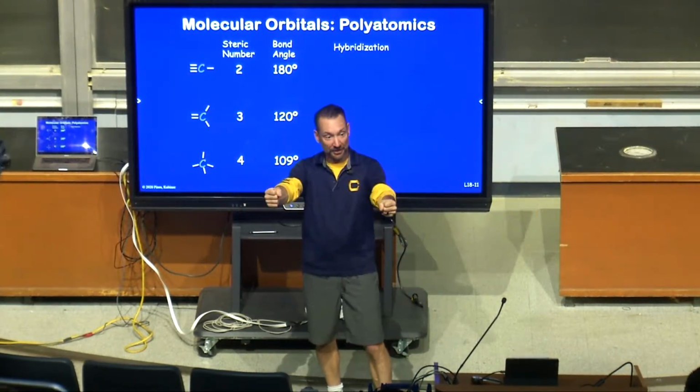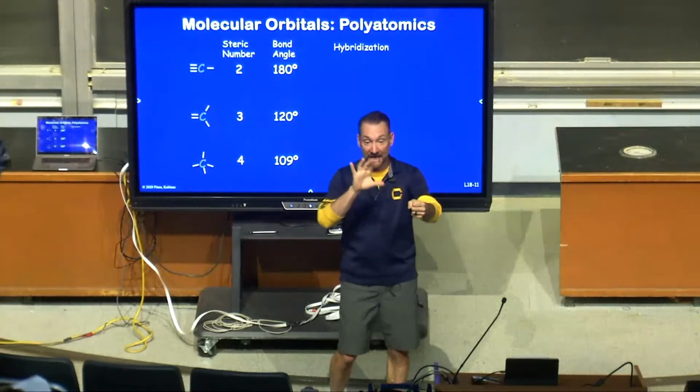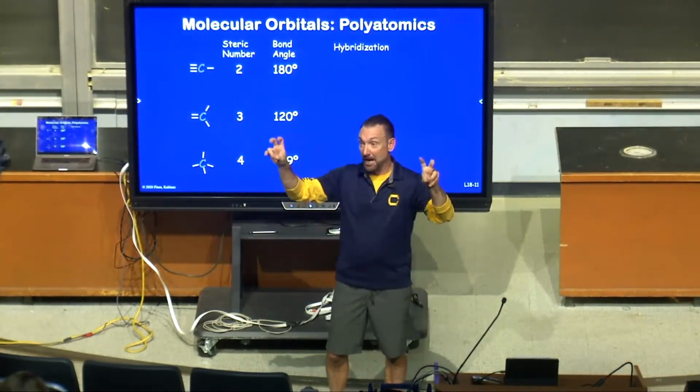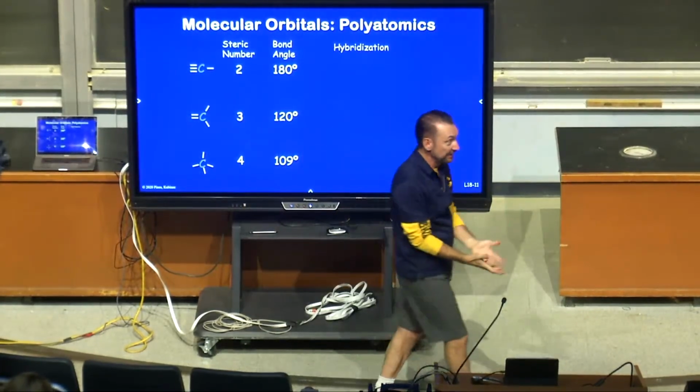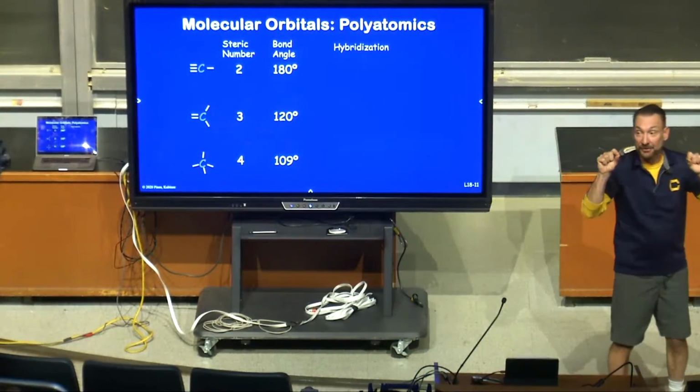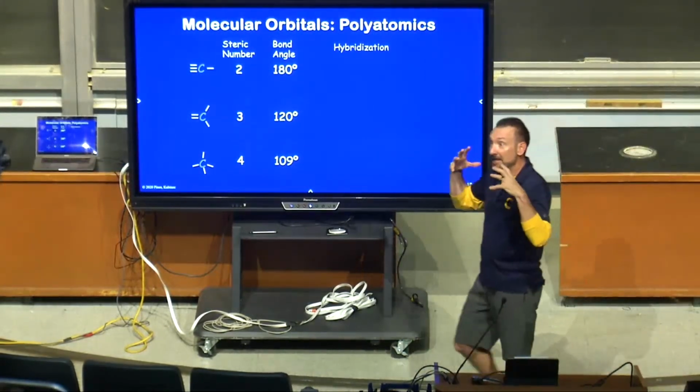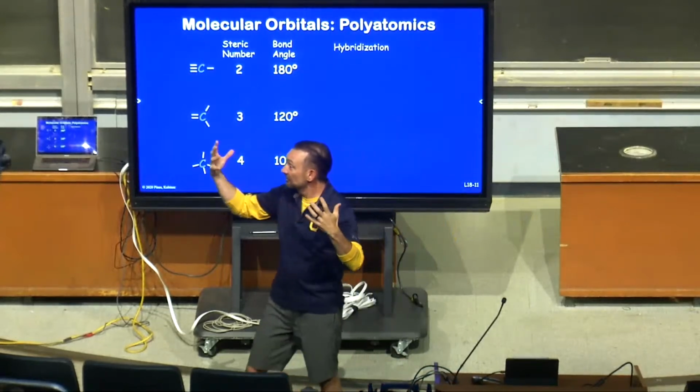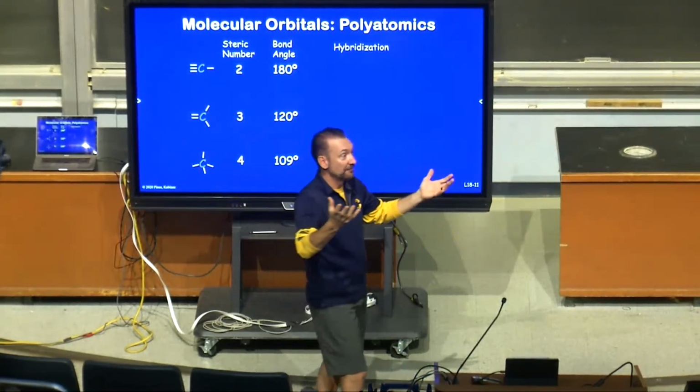So if you have two nuclei and you want to have a box, a confined wave around two nuclei, then that changes the appearance of the standing waves.